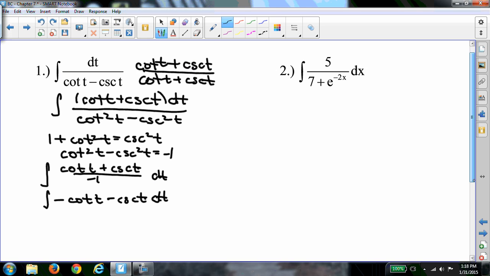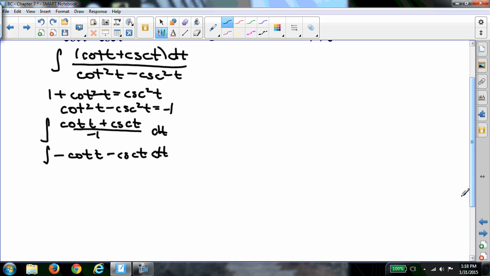You are responsible for remembering all the integrals that we learned in first semester, so the antiderivative of negative cotangent t is natural log of the absolute value of cosecant t, plus the natural log of the absolute value of cosecant t plus cotangent t, plus c.